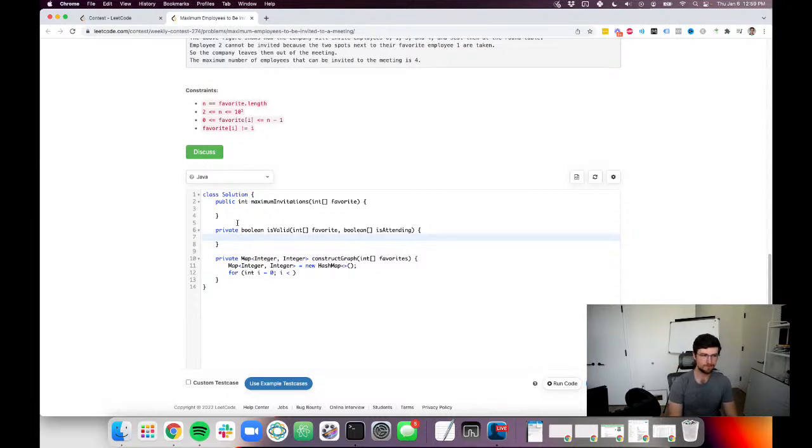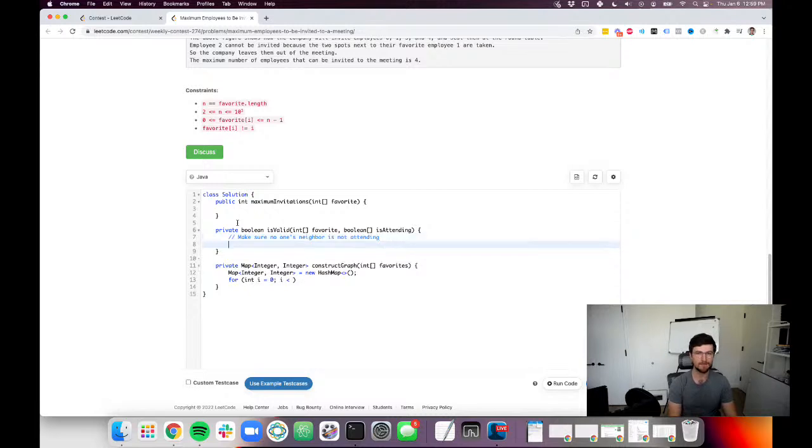There are a couple things we need to do. So we need to make sure no one's neighbor is not attending, right? Because if someone wants to sit next to someone who's not attending the meeting, then it's not valid. Then we need to make sure that no one has to sit next to more than 2 people, basically. Those are the 2 things that we need to check for.